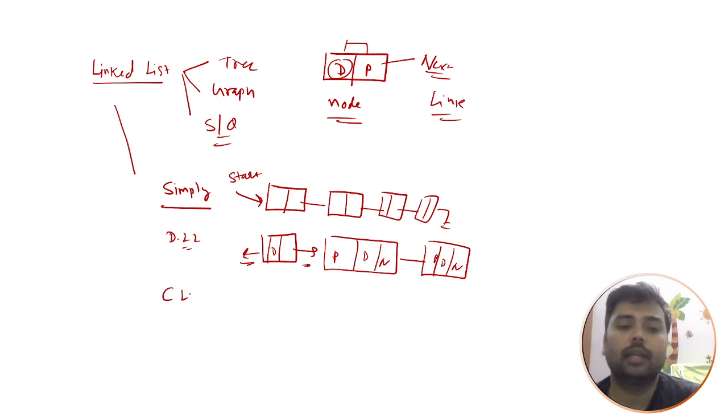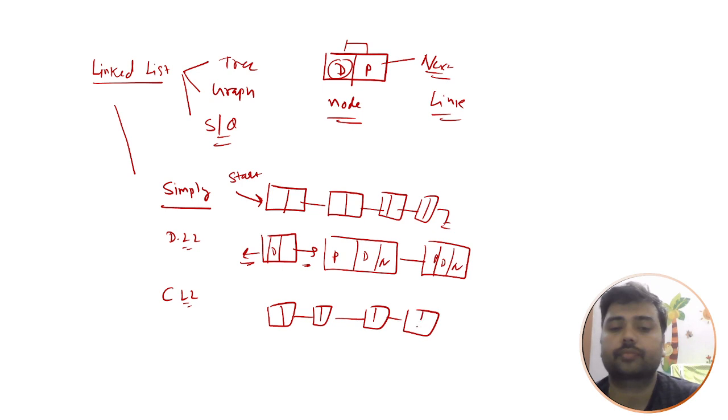Similarly, a circular linked list. In a circular linked list, suppose there are nodes like this, and in a normal list the last node's next part contains the null value. It means not specified or nothing.